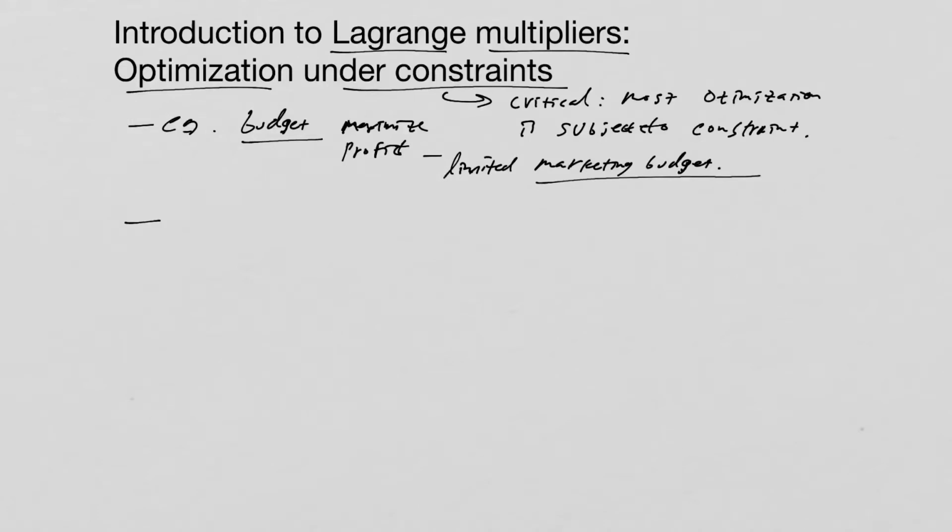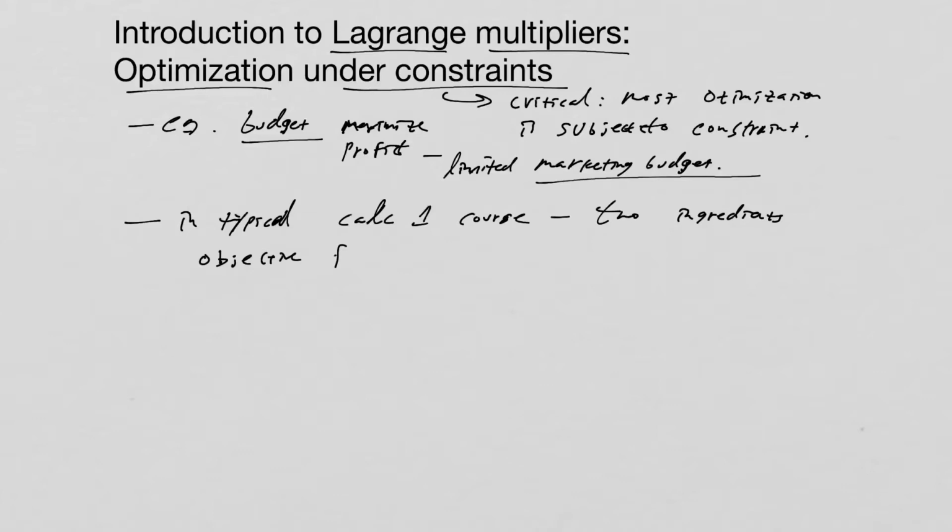We've seen these problems before. So in a typical Calc 1 course, we've seen these sort of problems before, and they always have two ingredients. One, what we call the objective function. And typically, you can write it as z is equal to f of x comma y.